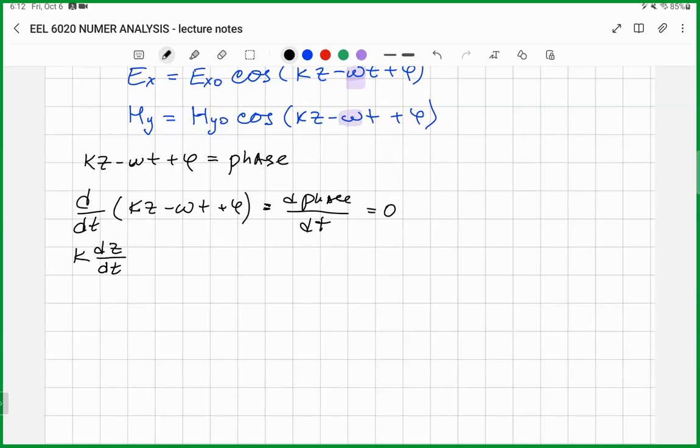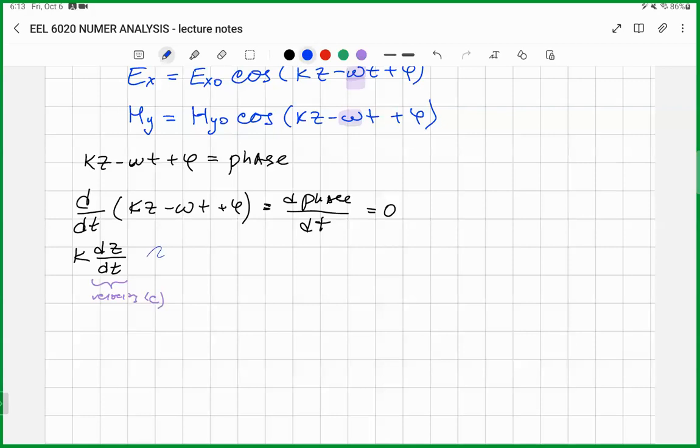The front propagates through space, and this dz over dt defines the velocity of the propagation of the front of the wave in space. So this is the velocity. And what is the velocity in our case? It is c, right? The speed of light.